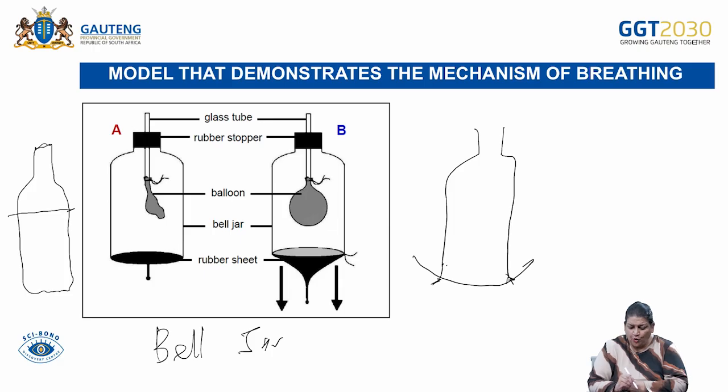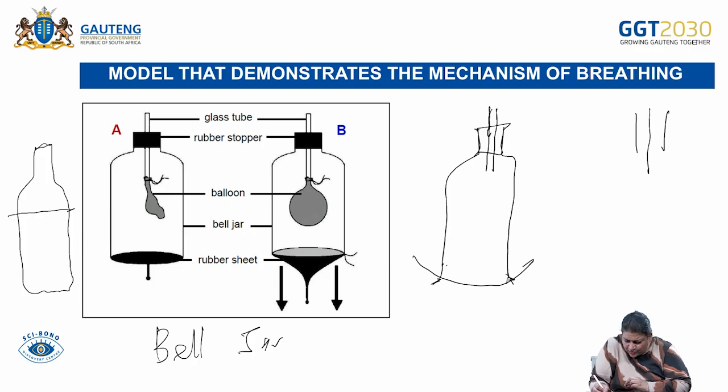Now this top is open. You're going to put a small rubber stopper here. You get rubber stoppers, and you're going to make a hole in the rubber stopper here, right? And you're going to put a little glass tube in. Obviously, before you put the rubber stopper in, you're going to take the rubber stopper out first like this, right?